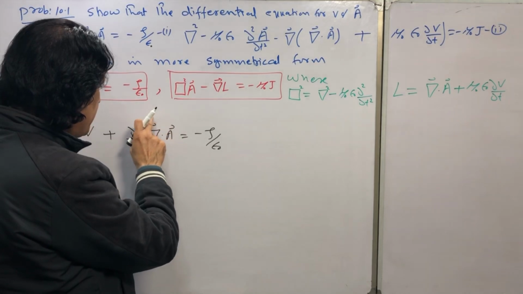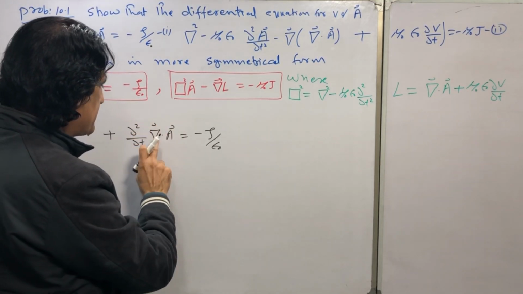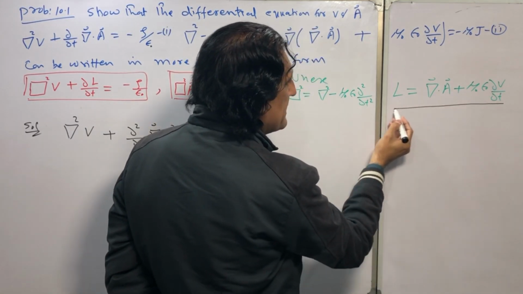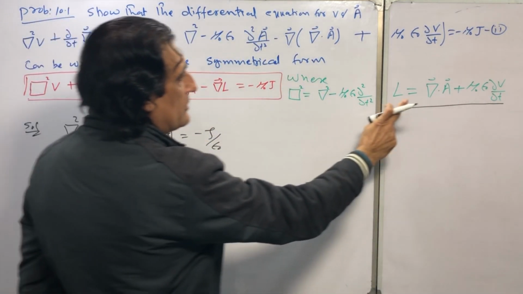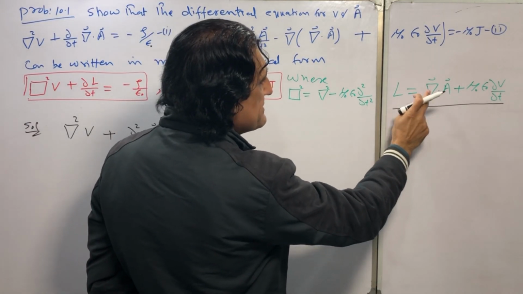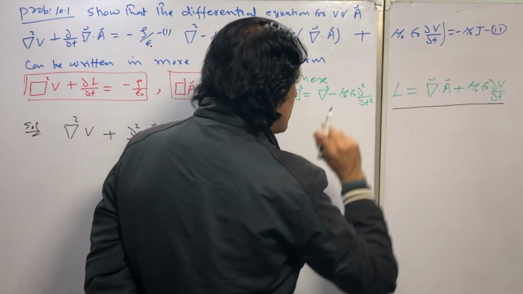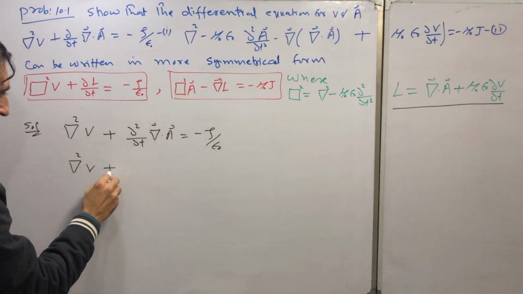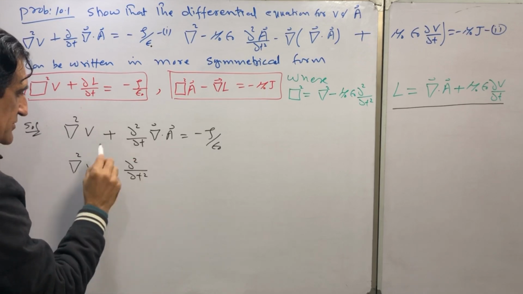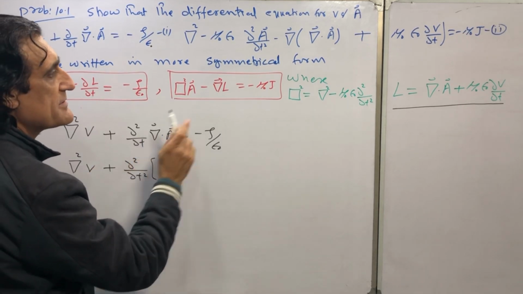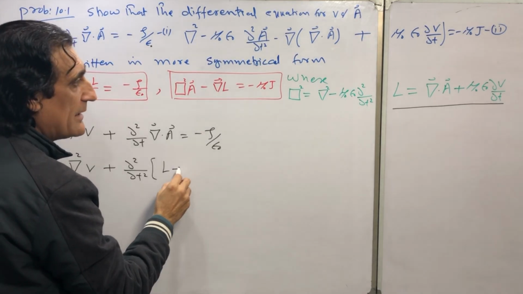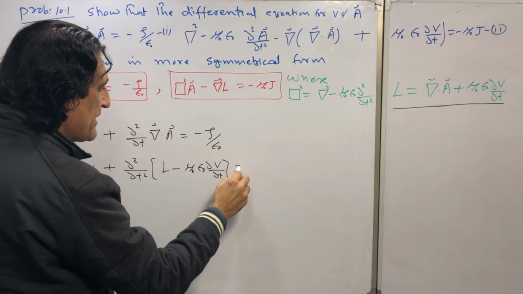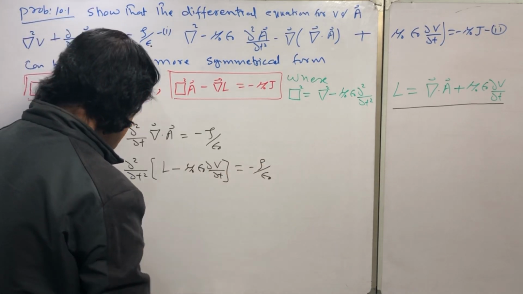Now we need divergence of A, and this can be obtained from this relation: divergence of A is equal to L minus mu naught epsilon naught partial V divided by partial T. So del square V plus partial divided by partial T of this value of divergence of A, which is equal to minus rho divided by epsilon naught.